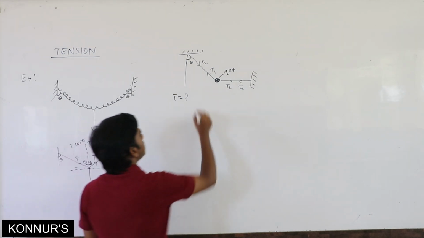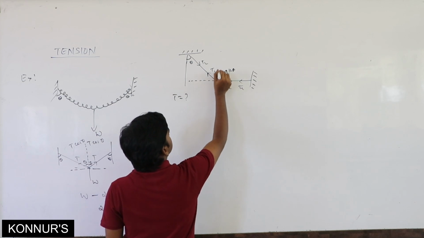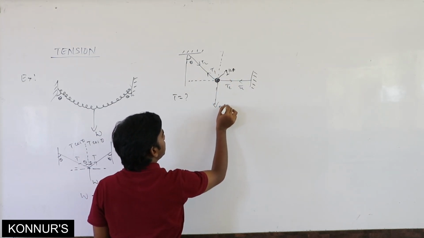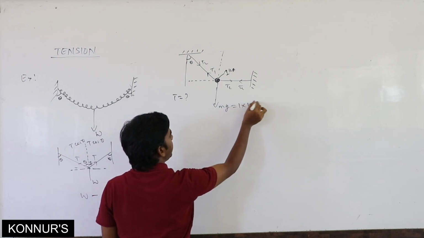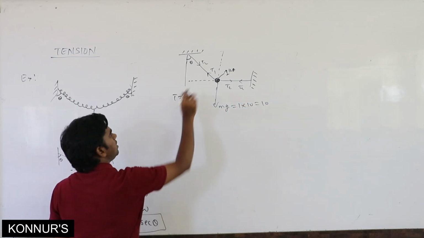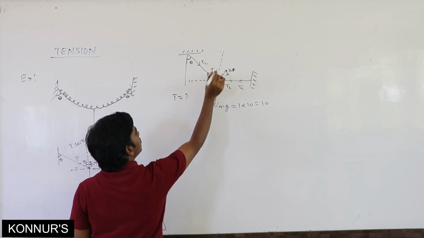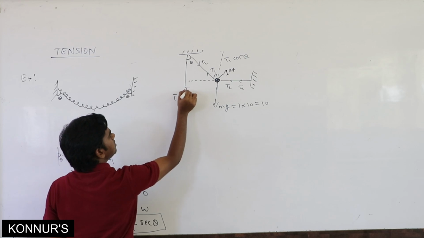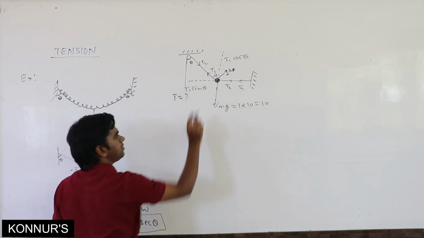Take their components. In the downward direction, what will come? Mass into acceleration due to gravity, that is 1 into 10. Here if this is theta, this is going to be theta, so T1 cos theta, and on this side T1 sin theta.